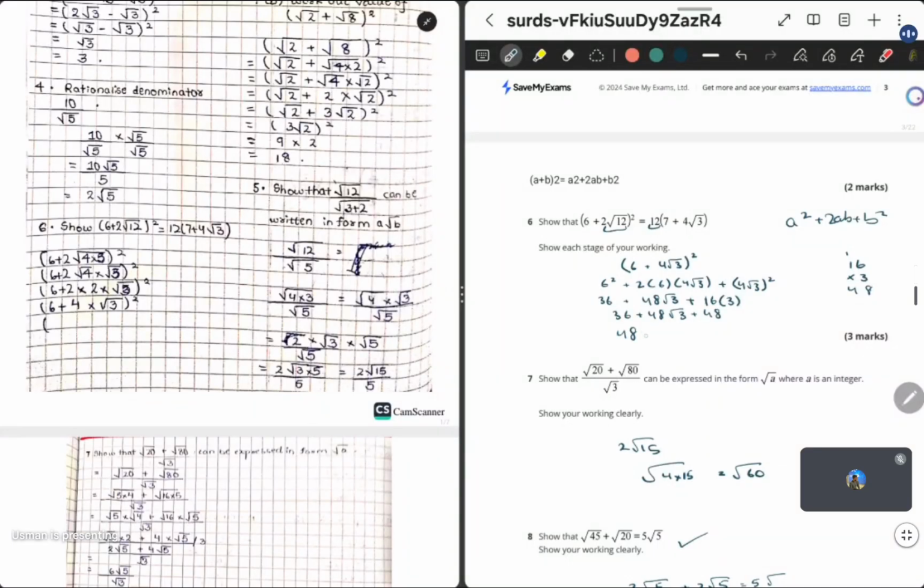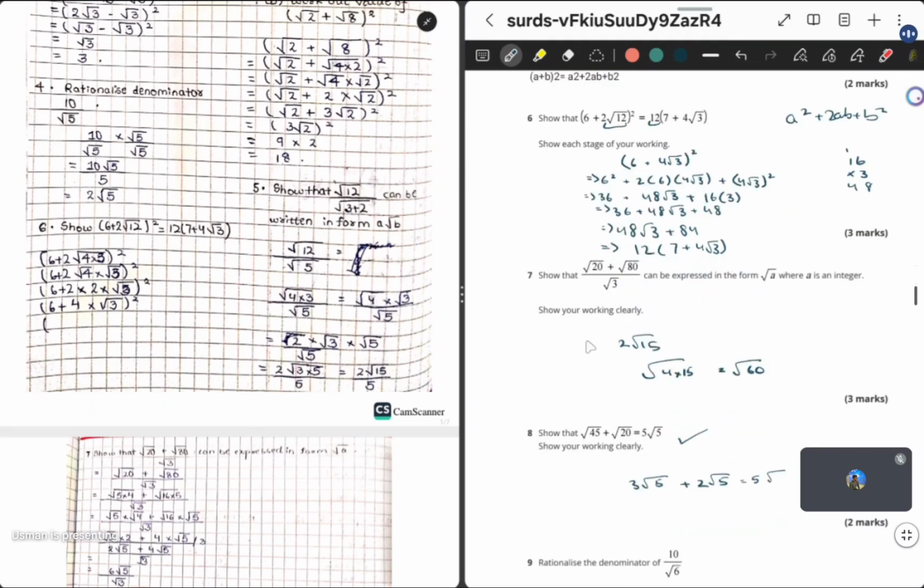So 48 root 3 plus 84. So now when we take 12 common, we get 12 common, 7 plus 4 root 3. Can you understand? Right? Yes. Okay. Do you want to copy this working now? I copied it. Good.